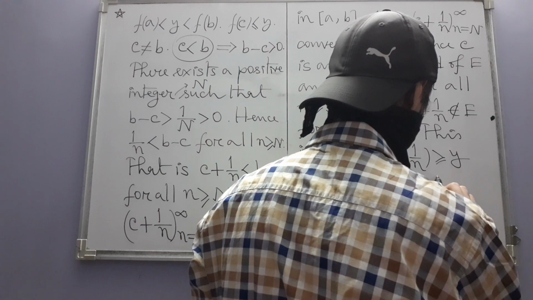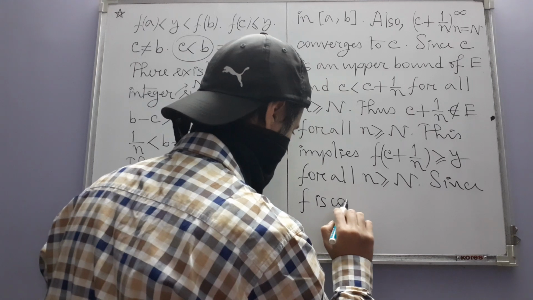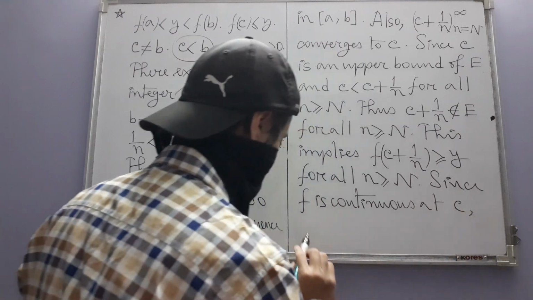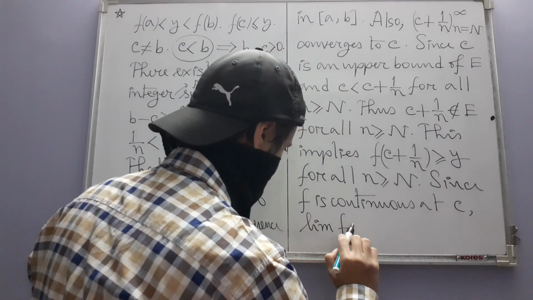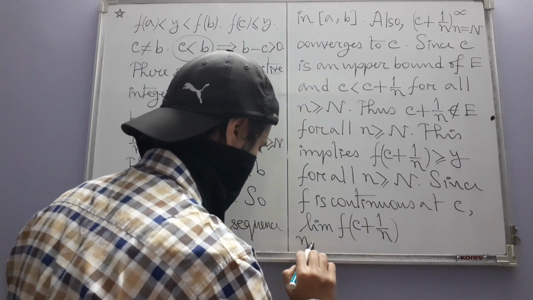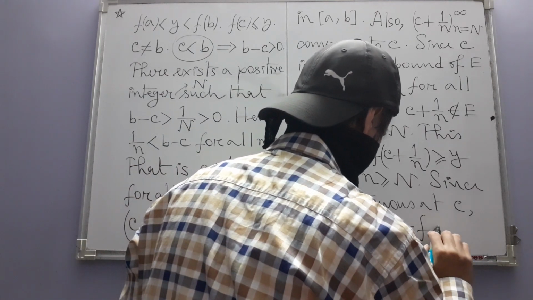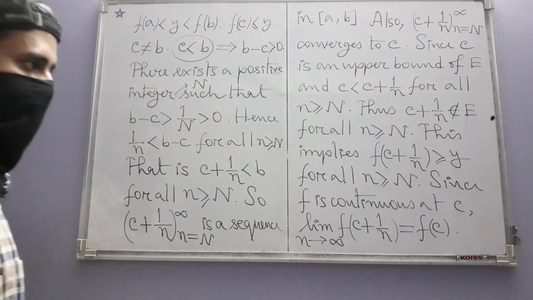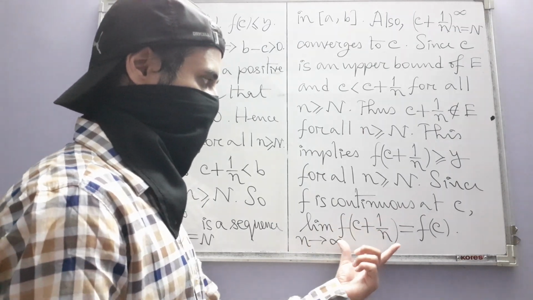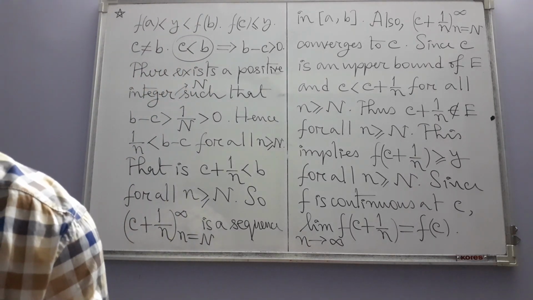Hence, since f is continuous at c, the limit of f of c plus 1 over n as n approaches infinity is f of c. And then you use the comparison principle along with this limit on these inequalities, and that will give you next this.